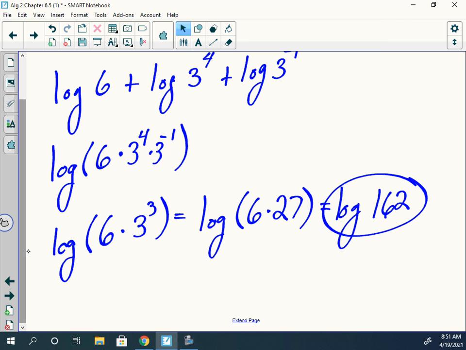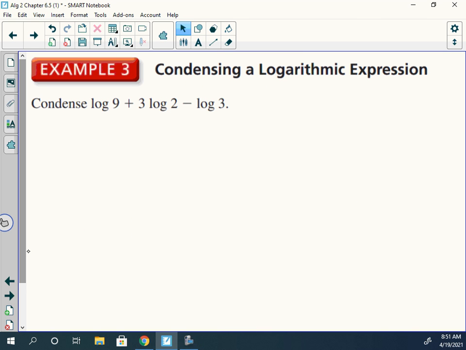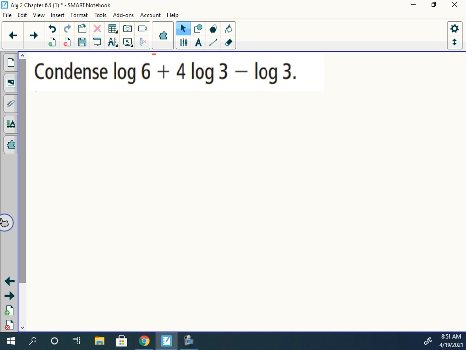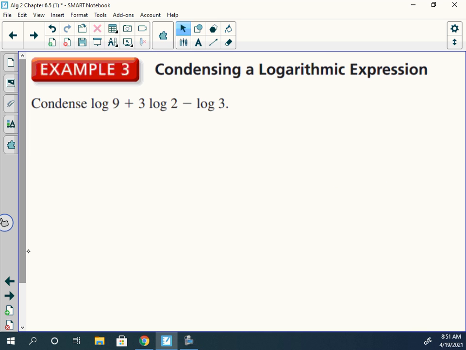Any questions on any of this so far? As I'm looking at this, this one and the next one are the exact same as what we just did. The numbers are a little bit different. So do we feel comfortable with this?